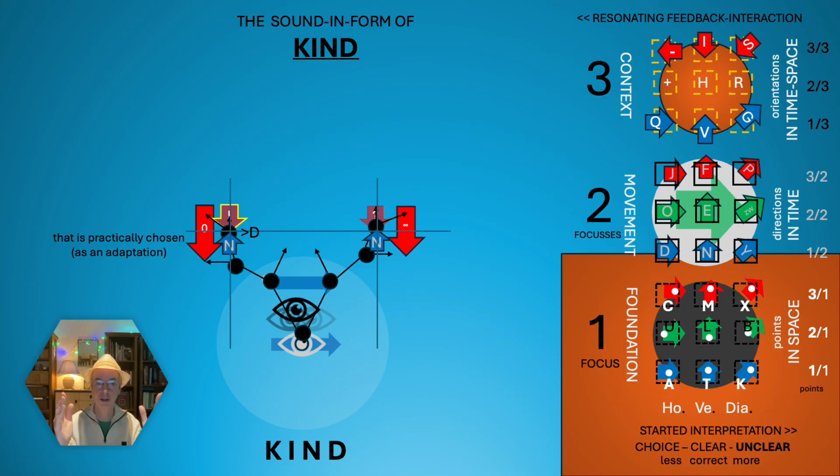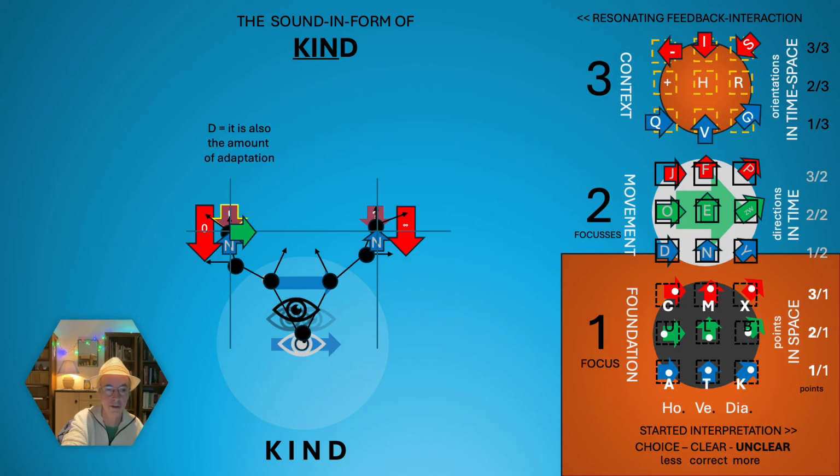It deals with it that you have two positions, the position that you follow and the adaptation to it, so that you can keep yourself to the balanced view of all the deviations that are written down here into this order of letters. So D is also about this amount of adaptation that I do so that I can keep that balance. And that's basically the foundation of the structure of kind.